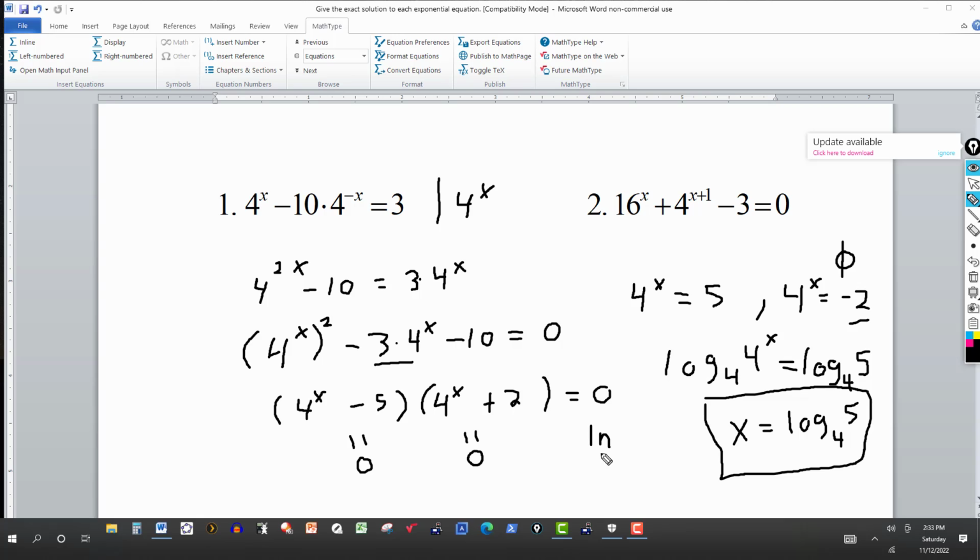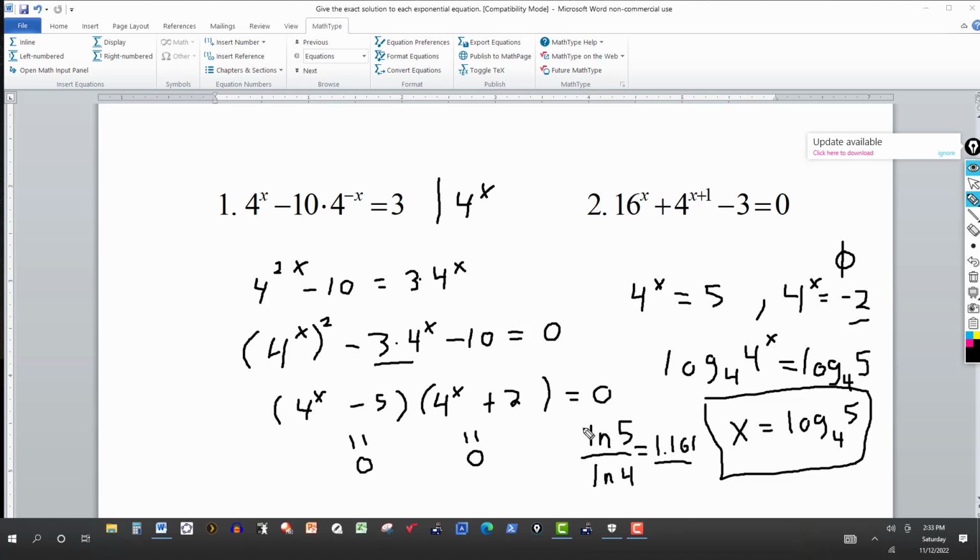I could use base 10, but your calculator has natural log also, so either one's going to work. I would have the natural log of 5 over the natural log of 4. Then you can just use a regular calculator there, and run it out to 3 places: 1.161.